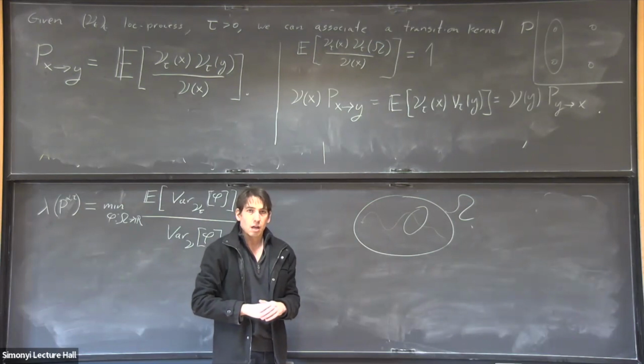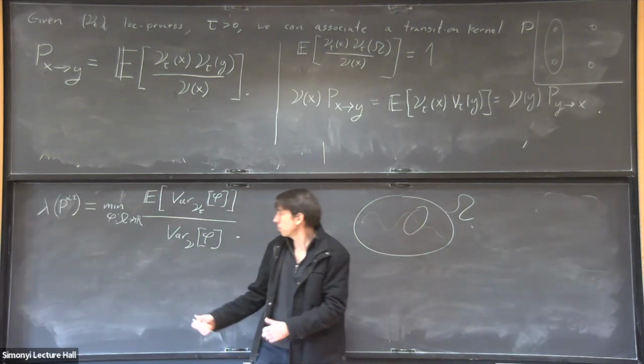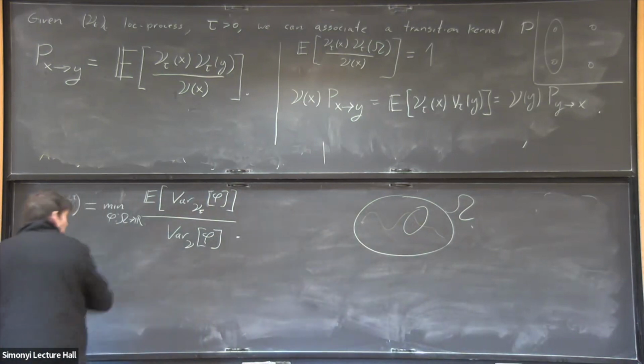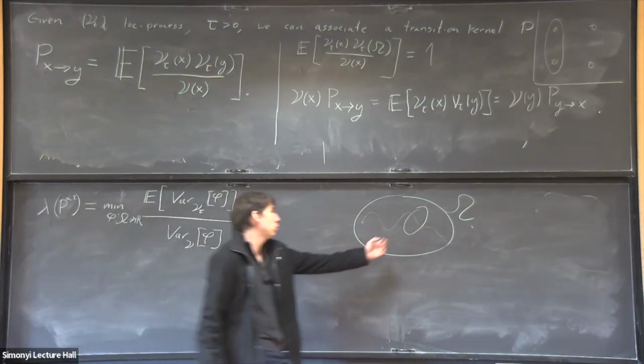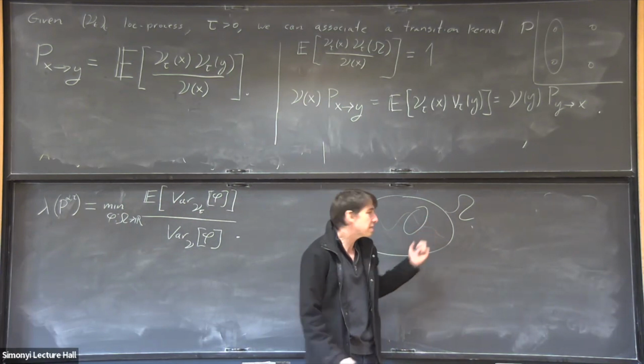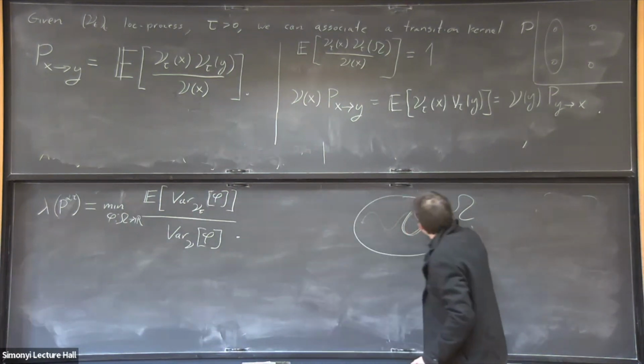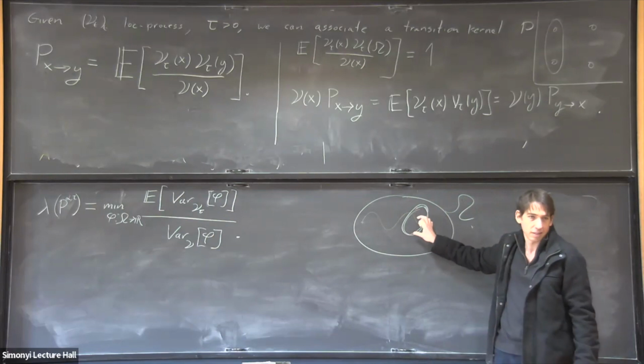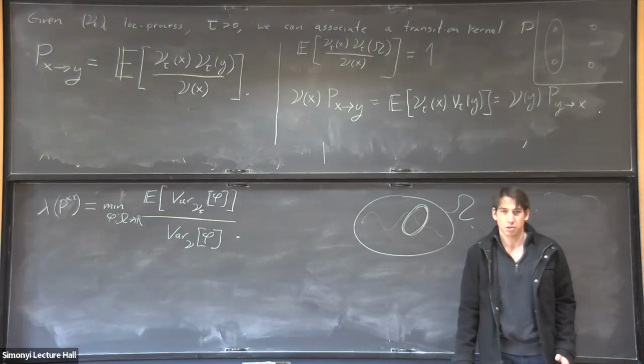Okay. And what we want to establish in order to say that there is a spectral gap is that even after zooming in all the way up to time tau, we still see some variance in the zoomed in measure.